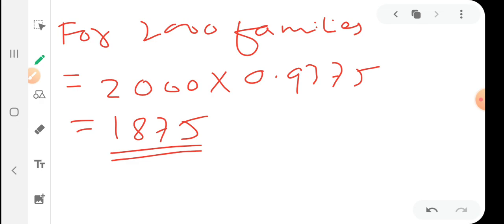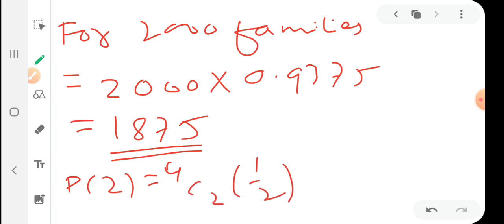Second one is two boys, means P of 2. Find P of 2. Yes, 4C2 into 1 by 2 square into 1 by 2 raised to 4 minus 2, and do this calculation. Two boys, you will get 0.375.